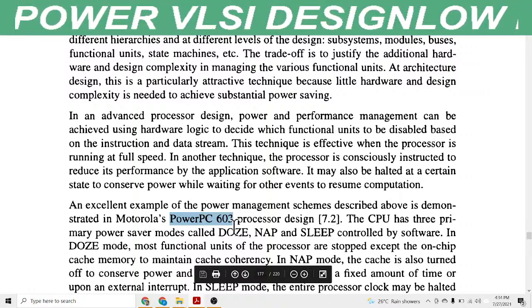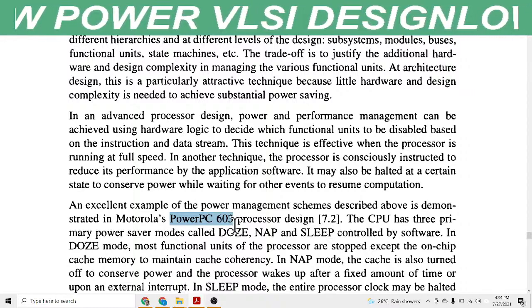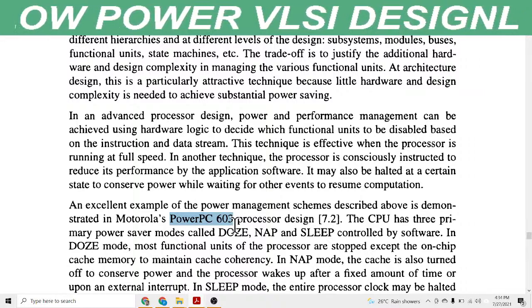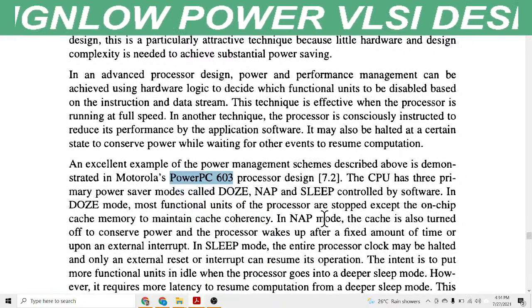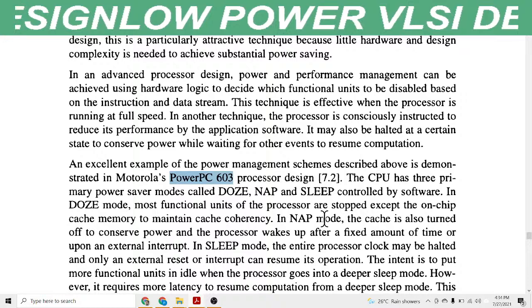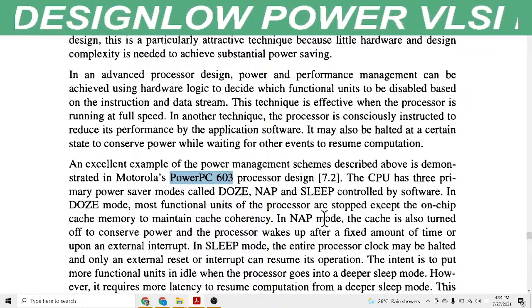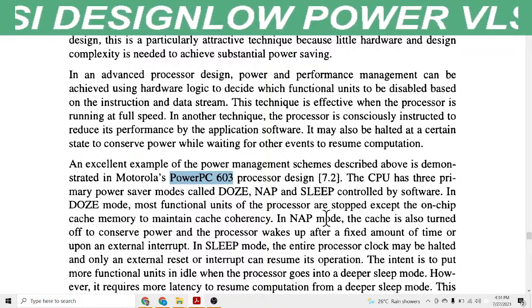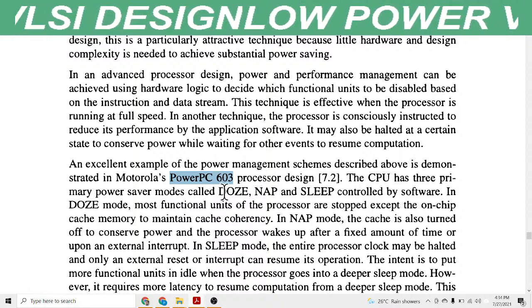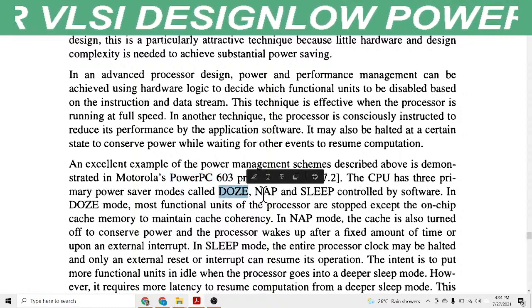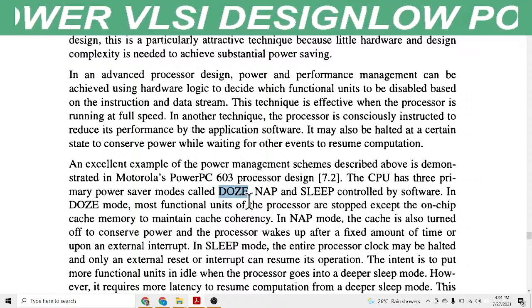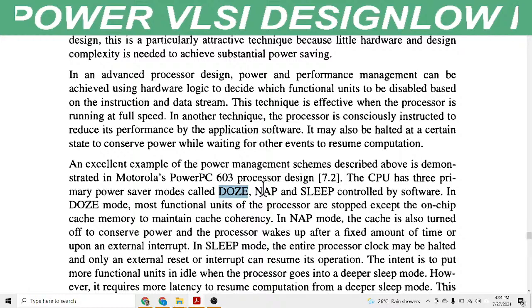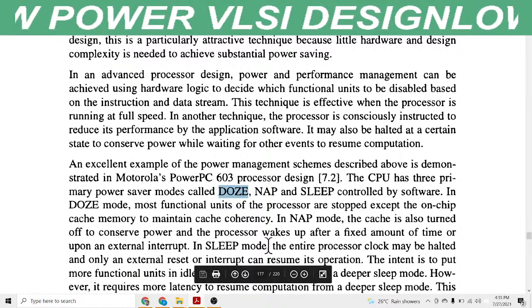In this processor, the power management circuit is used, and because of this power management technique, this processor works in three different modes. These modes are DOS mode, nap mode, and sleep mode. These are the three modes in which this processor circuitry works.